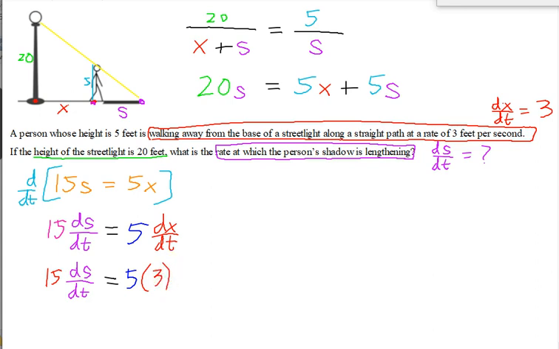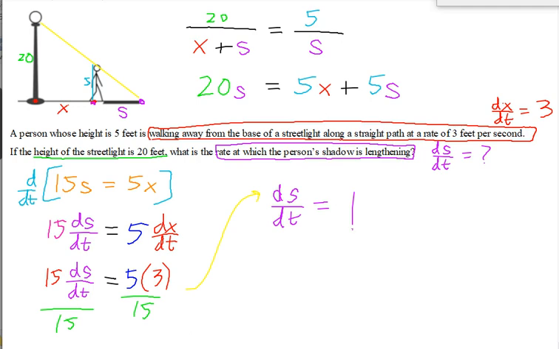Which is 15 also, so to solve for dS/dt, you divide both sides by 15. And that would give us dS/dt equals, well, 15 divided by 15, that's just 1.